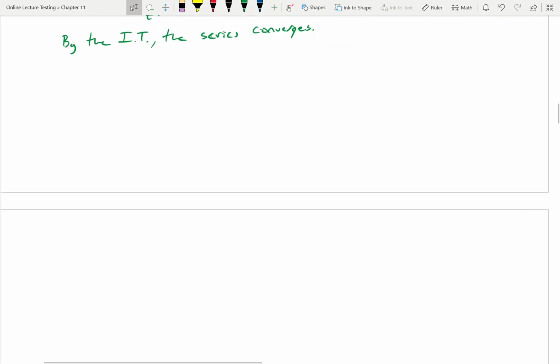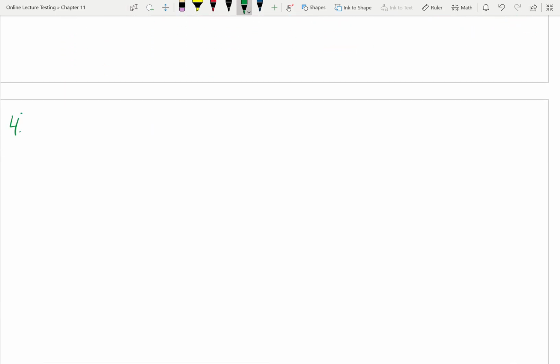Number 4. We said we were going to use some type of comparison test, possibly the limit comparison test. My a sub n is equal to 1 over 3 to the n plus 1.